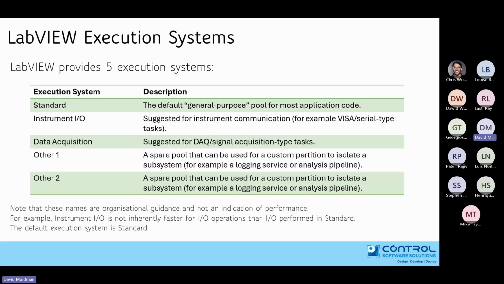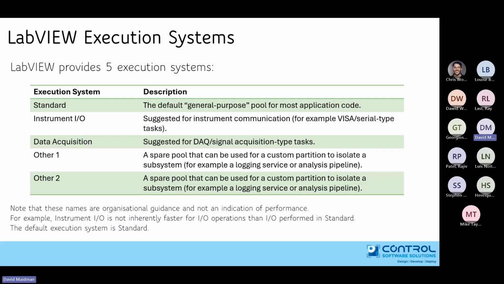Okay, so I've given them some comments here. Other one and other two I've labeled as spare pools. Data acquisition is suggested for data acquisition and signal acquisition type tasks. Instrument IO is suggested for VISA serial type stuff.